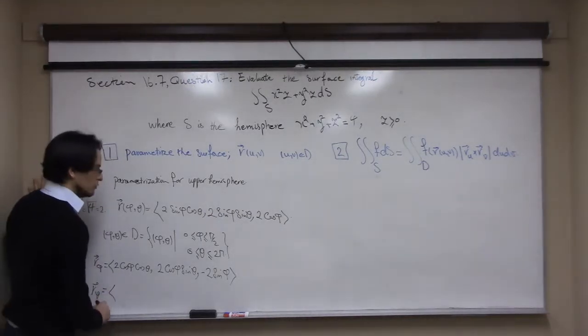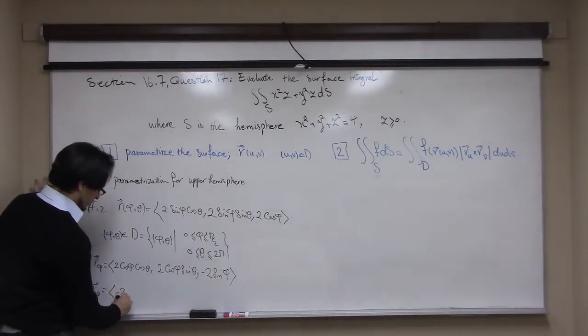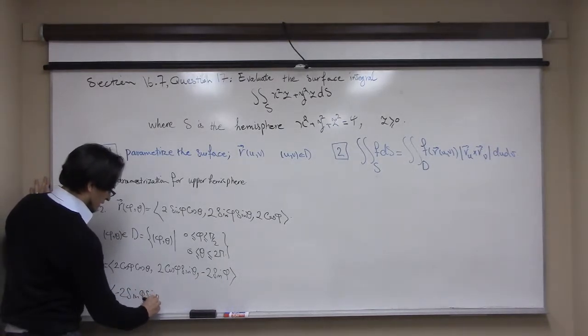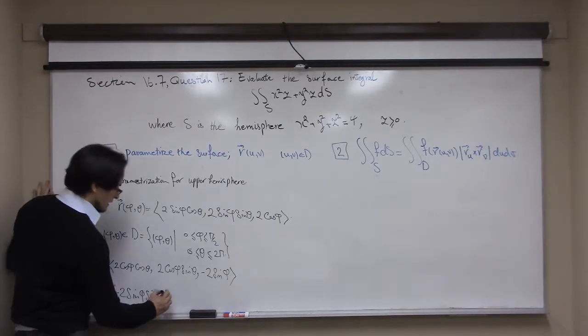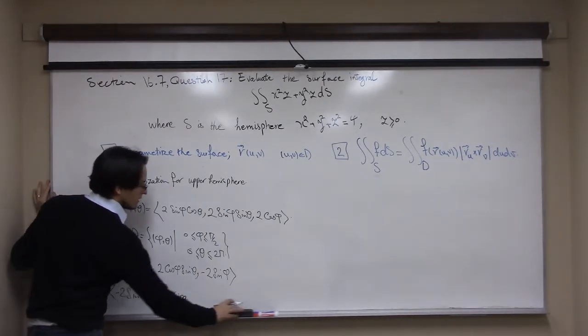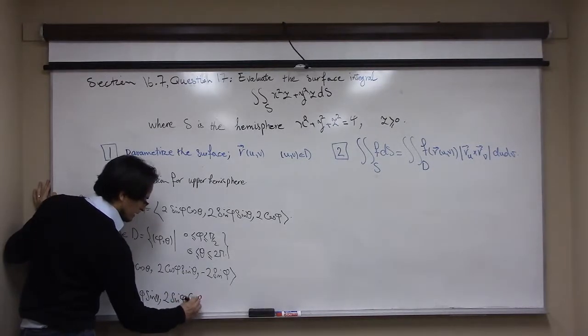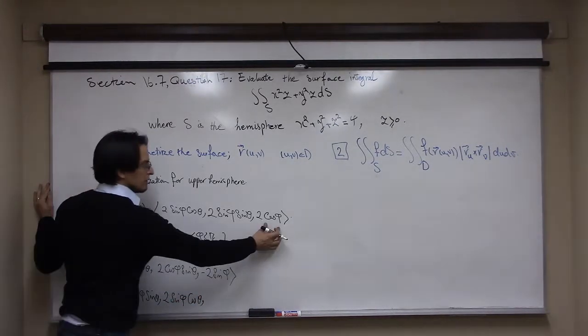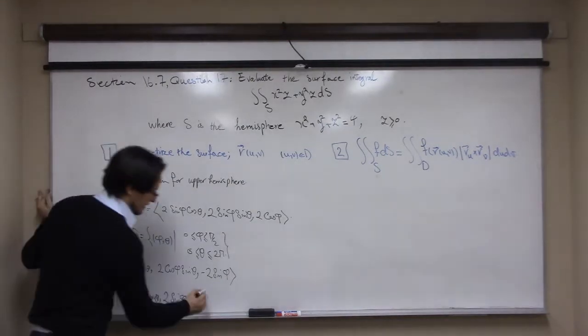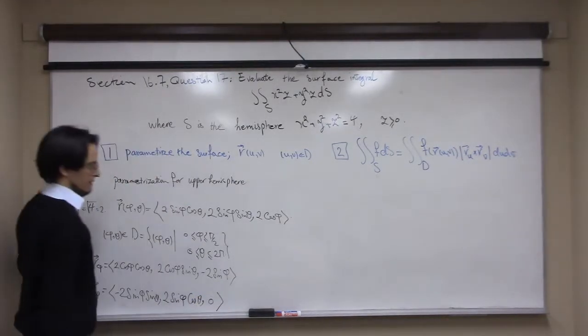It is equal to negative 2 sine phi sine theta, then 2 sine phi cosine theta, and the last component is independent of theta, so its partial derivative with respect to theta is going to be 0.